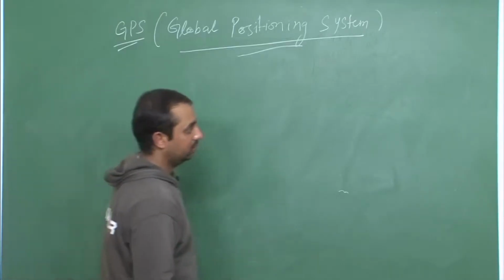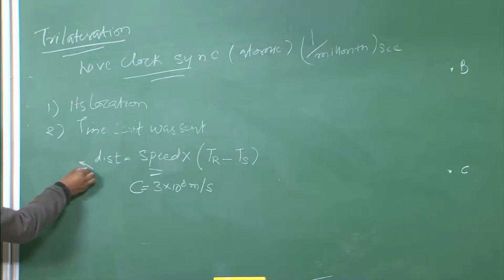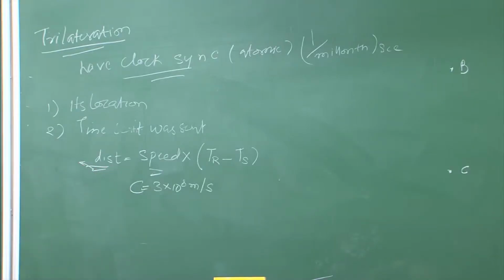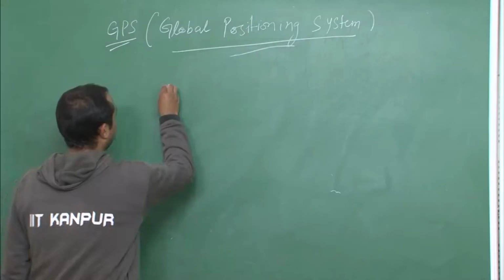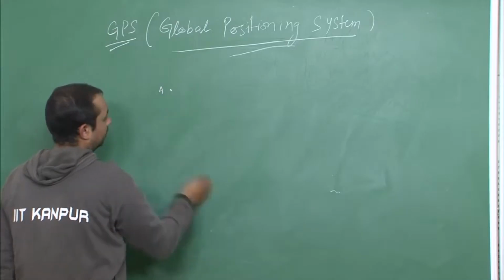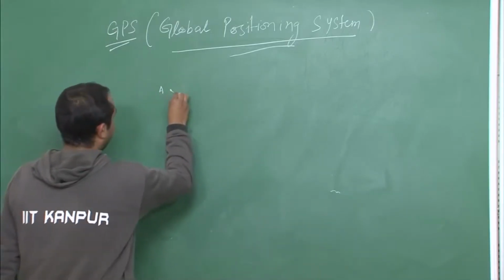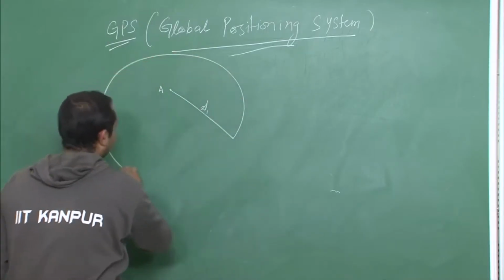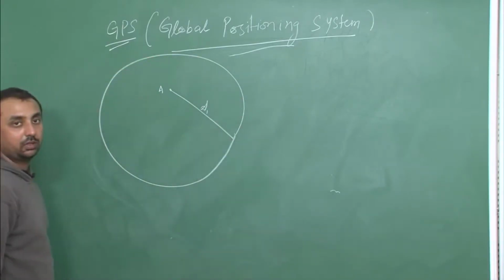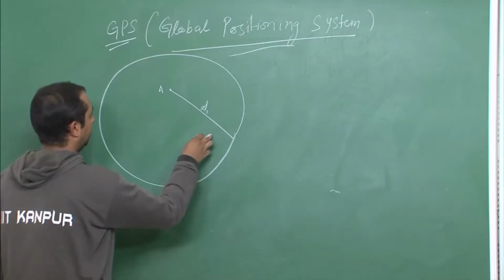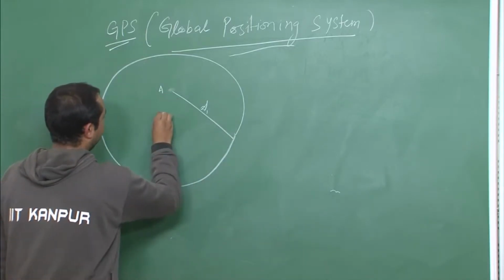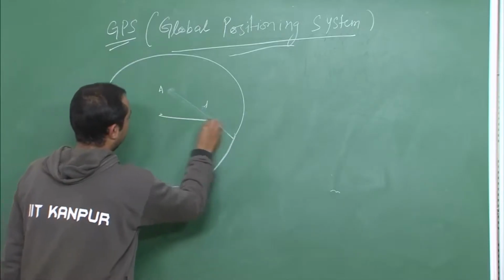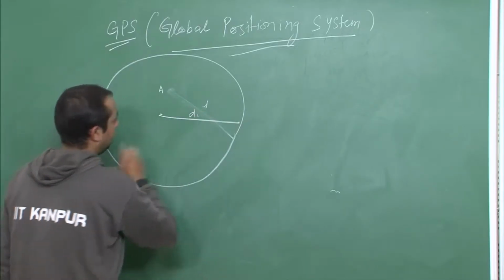For satellite A, suppose the distance was d1, so your point can be anywhere on this circle of radius d1. But since this is in space, it will be a whole sphere, so your point can be anywhere on this particular sphere.